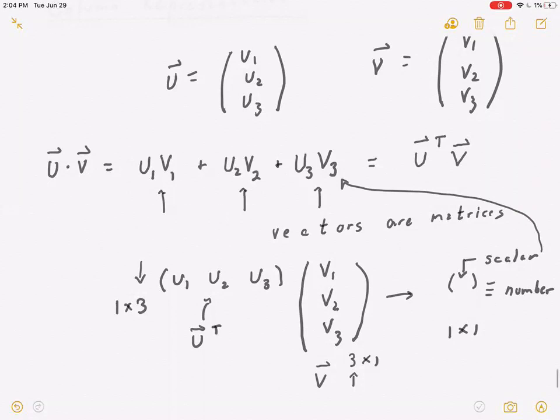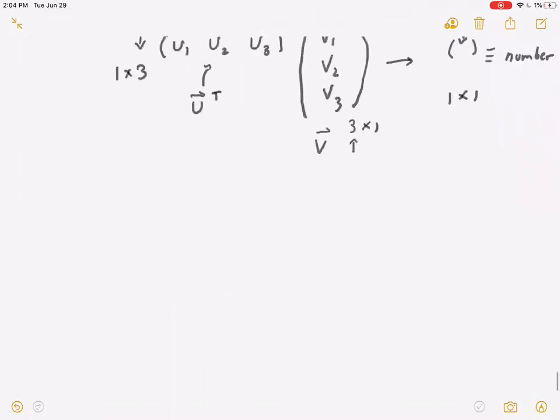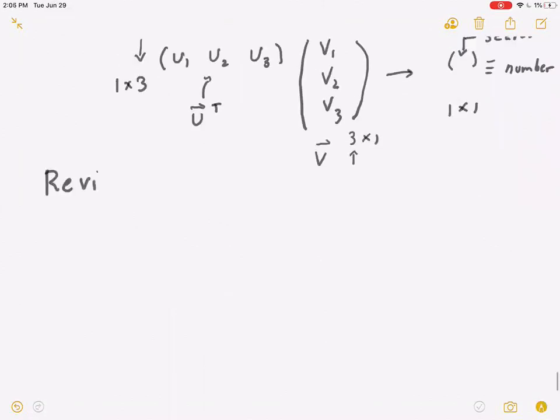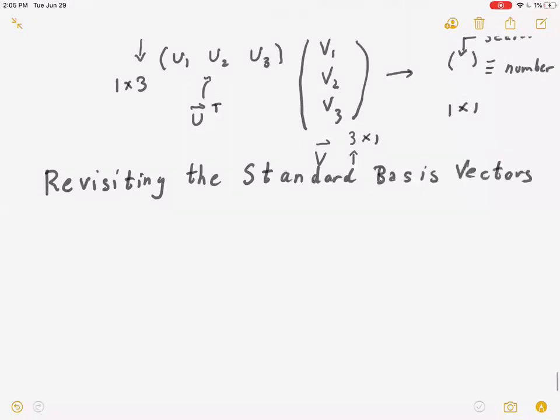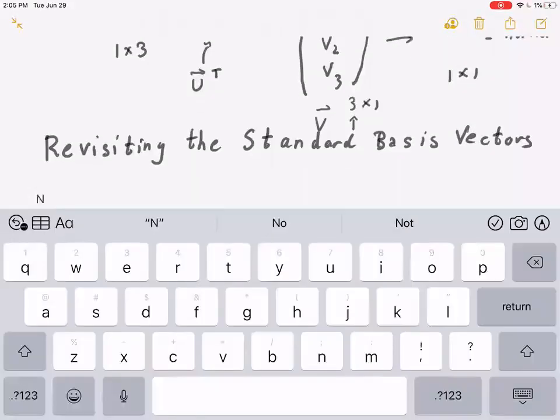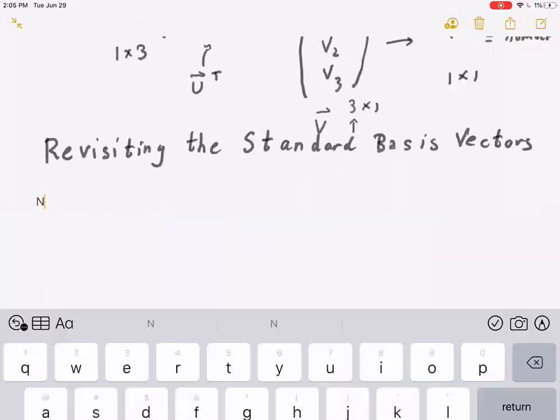Okay, so last time we talked about basis vectors. So I want to revisit these again. And in particular, we talked about a class of basis vectors known as the standard basis vectors. Extremely important.